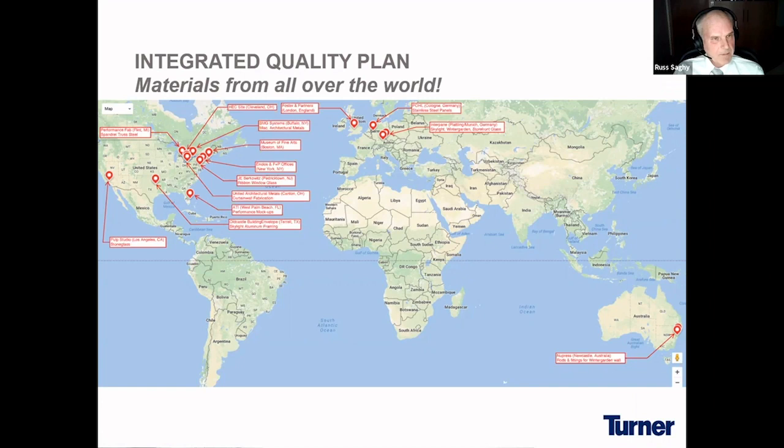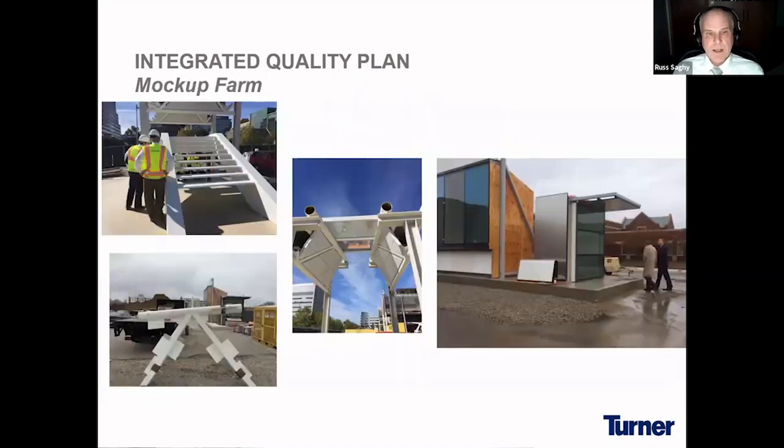And believe it or not, I went to about 14 of these locations, 7 of them out of the country, to visit the fabrication shop, to see what they're doing and make sure that what they were doing met our standards, and they didn't ship anything that was going to be rejected. So on the next slide, I'll let Jeff talk about more quality control.